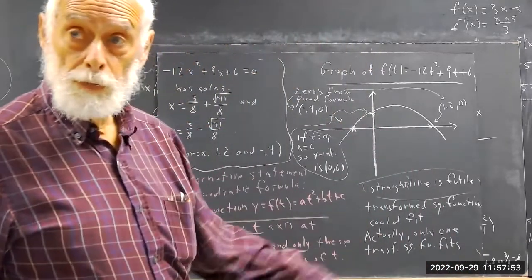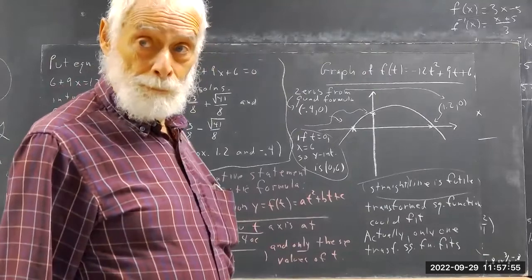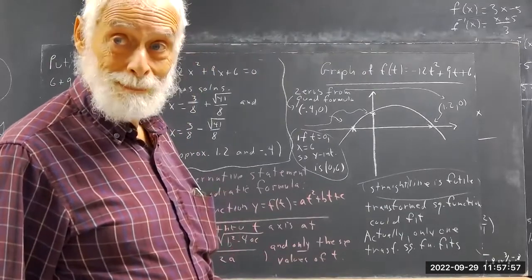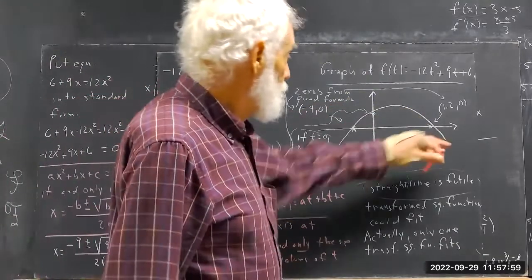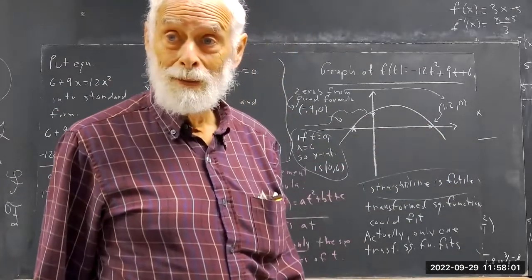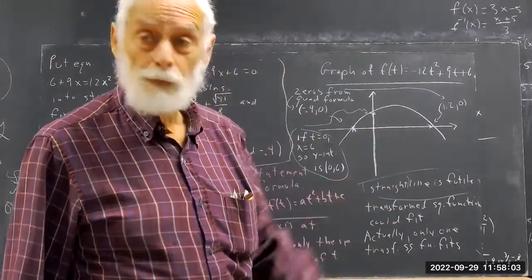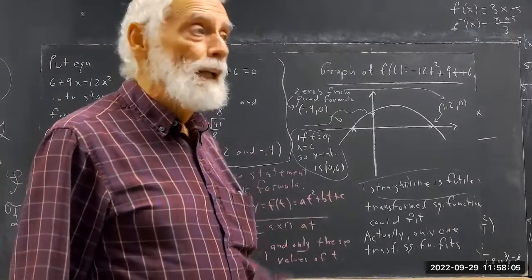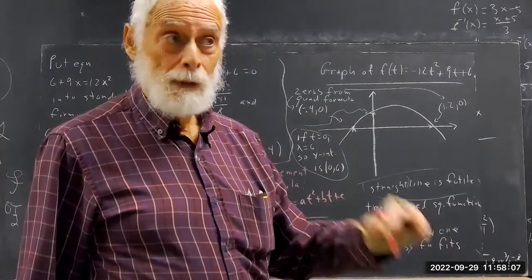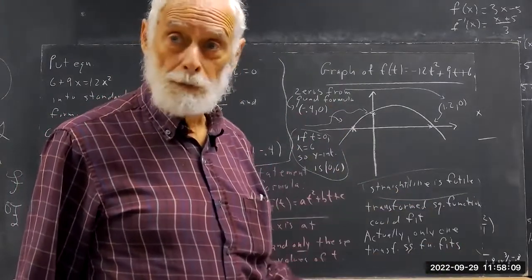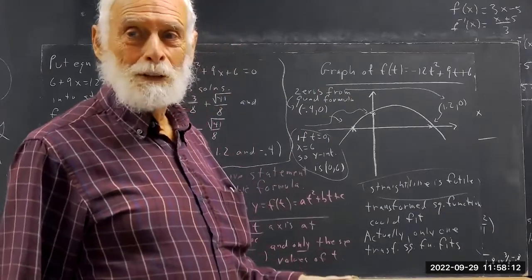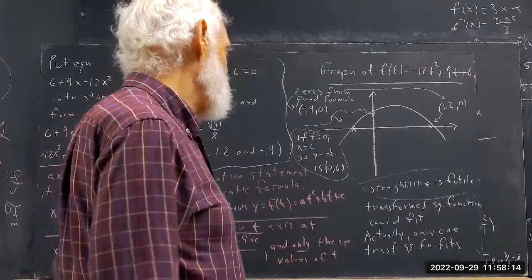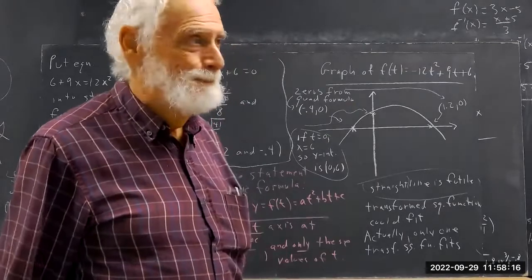Only one transformed squaring function that fits. Exactly one. Through any 3 points that have different x coordinates, you can always fit a transformed squaring function. That's a big deal. Matter of fact, it's one of the biggest deals in the universe. Because of that, things tend to oscillate.